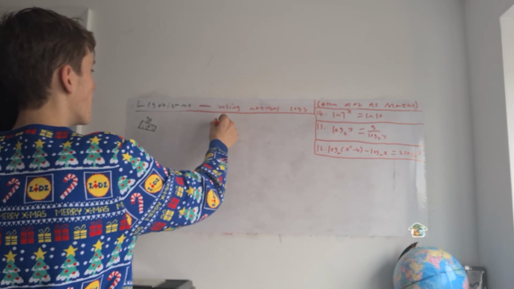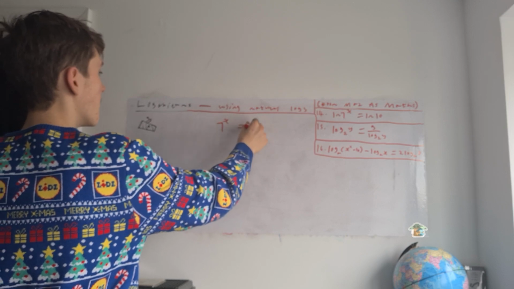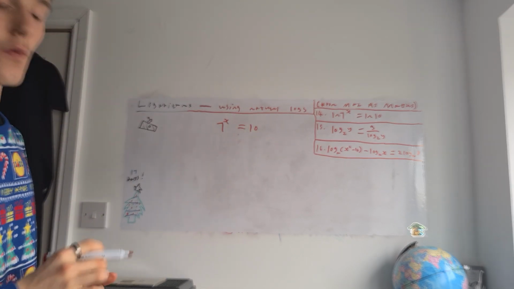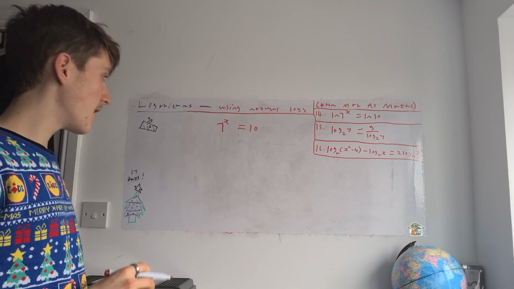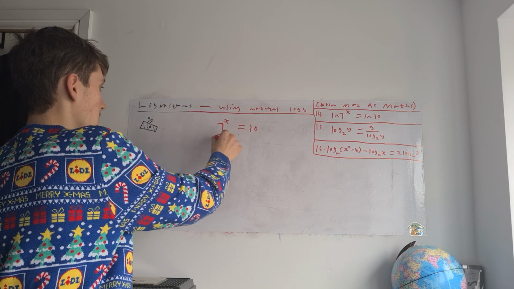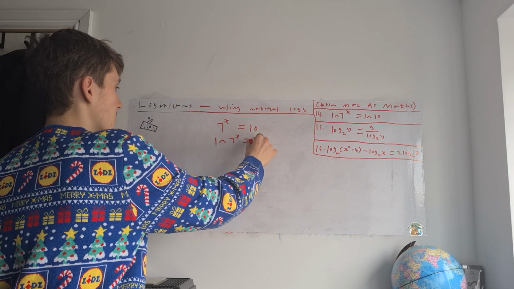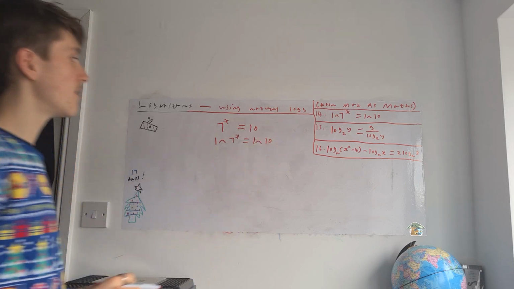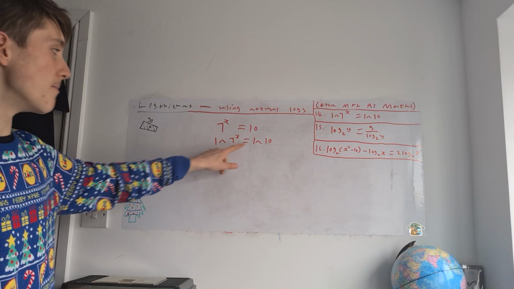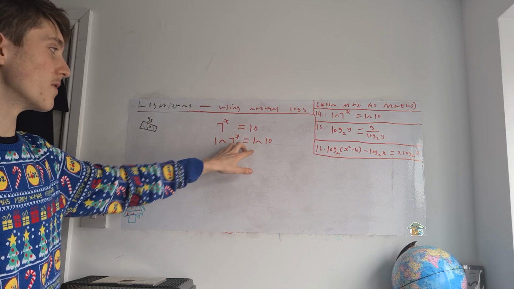If you have a number, say 7 to the x equals 10. Now, what you can say is the natural log of 7 to the x is equal to the natural log of 10, because they have the same base, and yeah, that's equivalent.